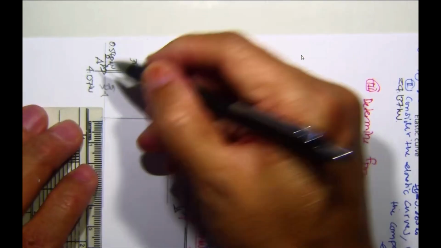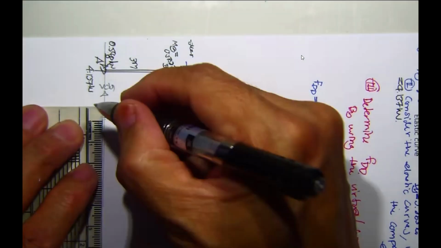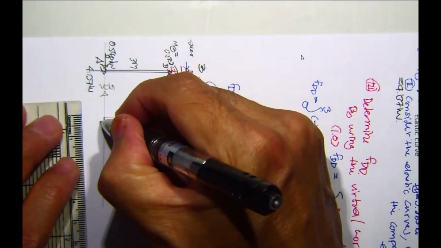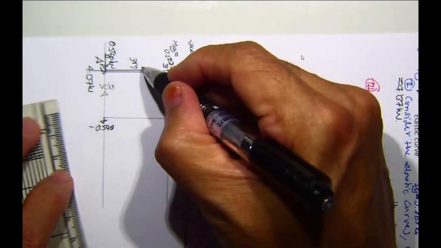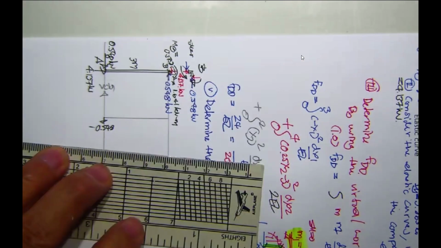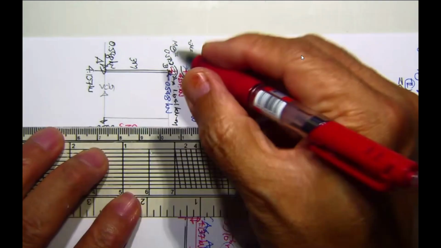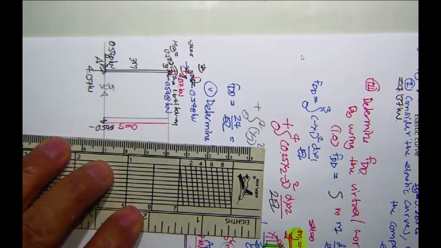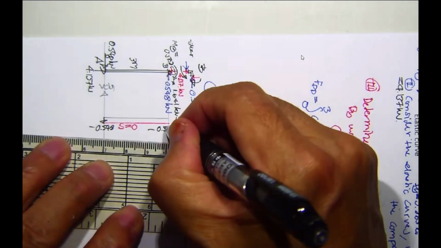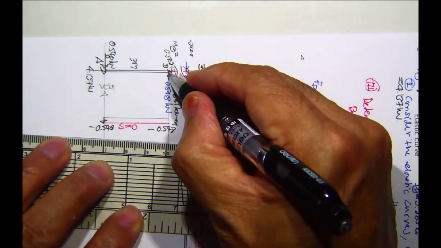This force is down, minus 0.548, and w is 0. You may say slope is 0, constant. That's going to be minus 0.548.